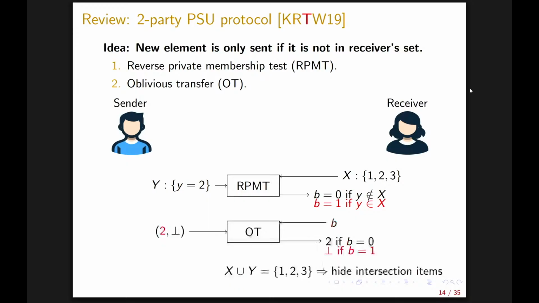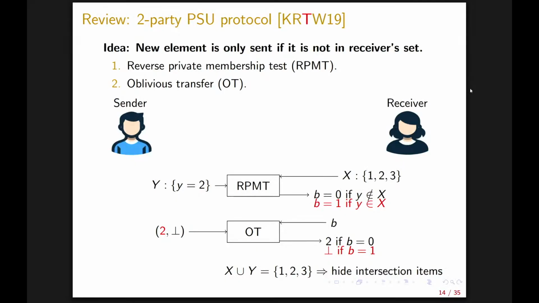And then you use subsequent OTs. You put number 2 and some random garbage, and then you only send number 2 to this guy if B equals 0, right? But in this case, B equals 1, so that's why the receiver receives nothing.